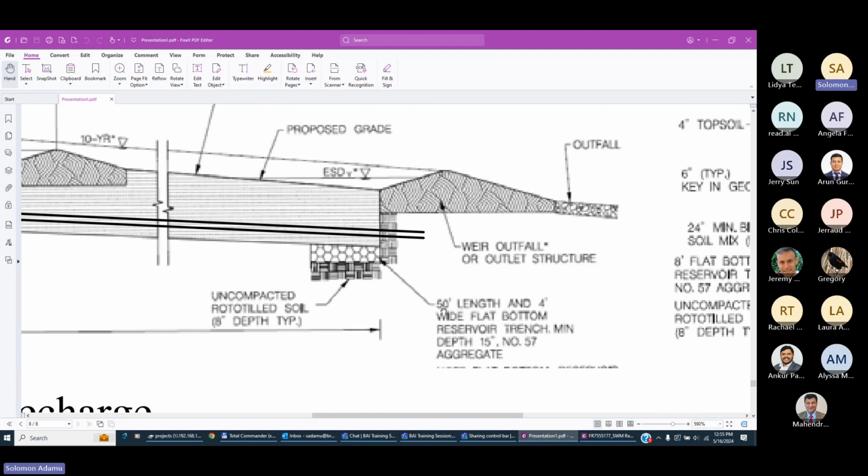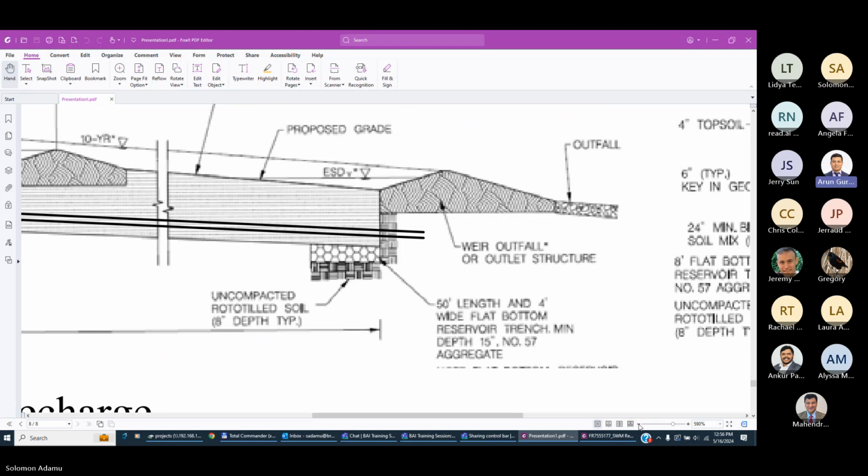In this case, it is 50 feet by 4 feet in width, and we fill it with gravel and we define the depth of that flat bottom based on the volume we require to provide.